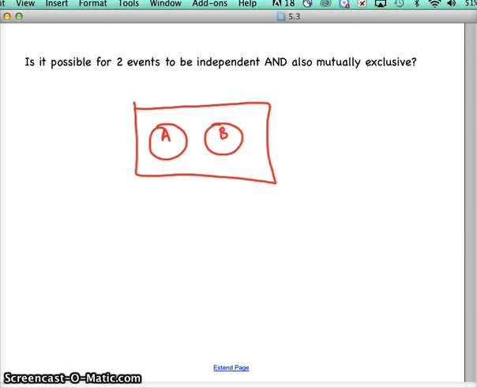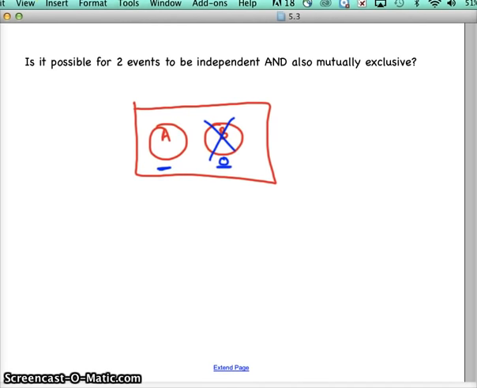In mutually exclusive, they cannot happen at the same time. So if one happens, the other one cannot. So if A happens, B cannot. Okay, now each of these had their own probabilities at the time, right? But once A occurs, now the probability of B happening goes to 0. So it changed B's probability.